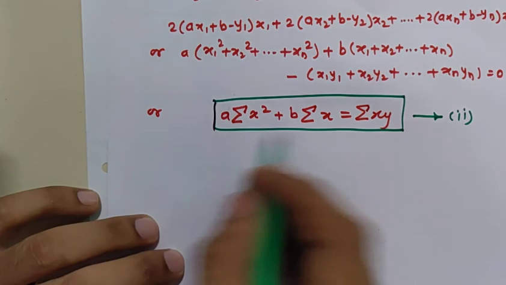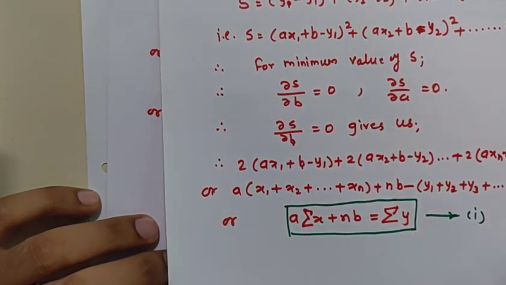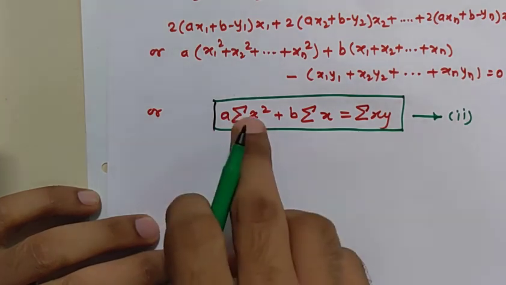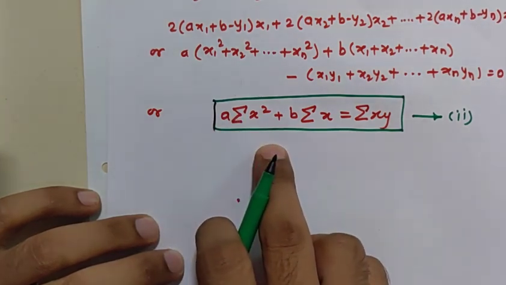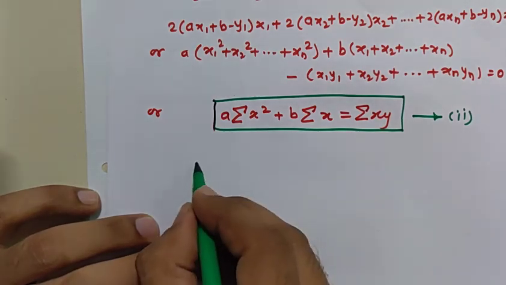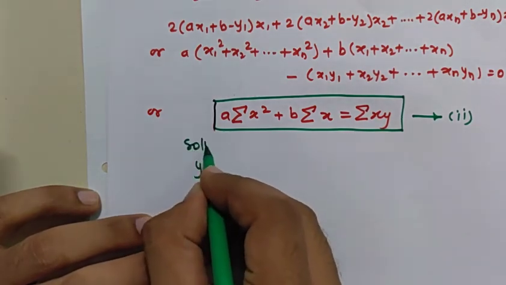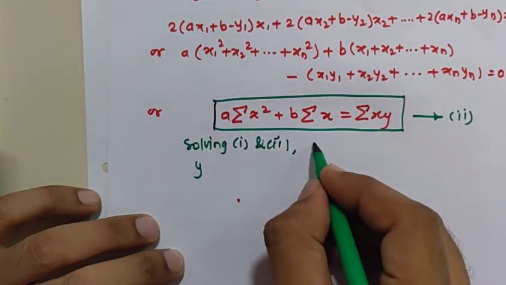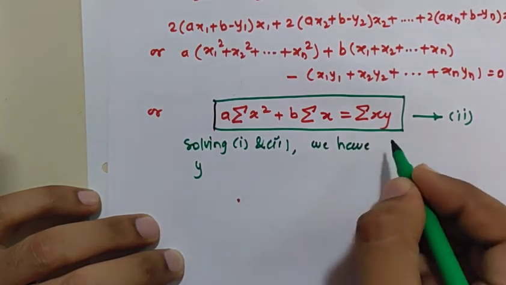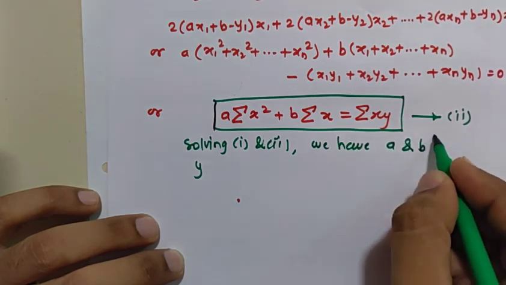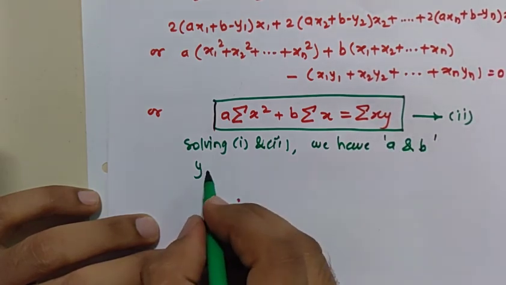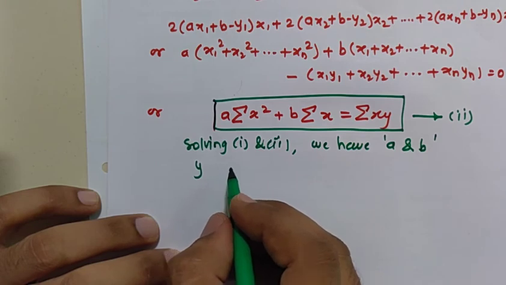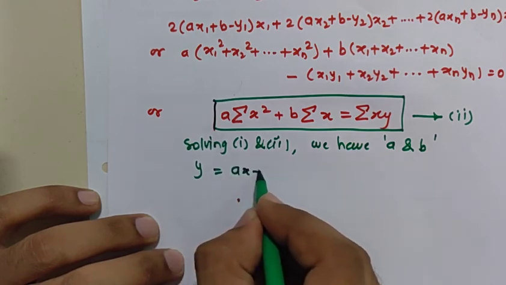So solving equation 1 and equation 2, we determine the values of a and b, and after getting these values we can fit the straight line y is equal to ax plus b.